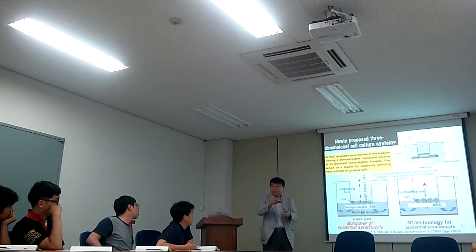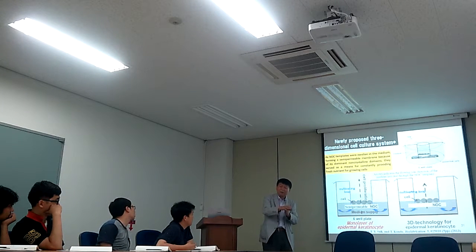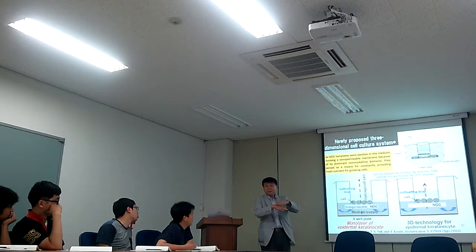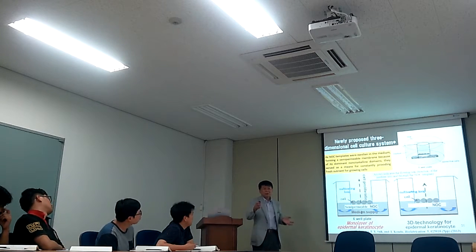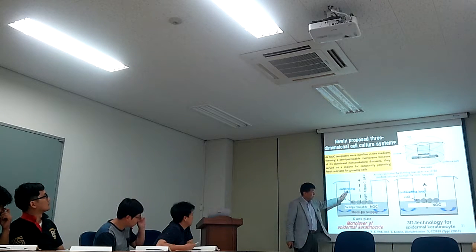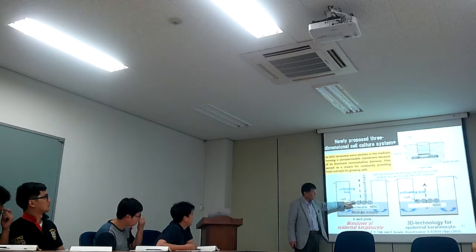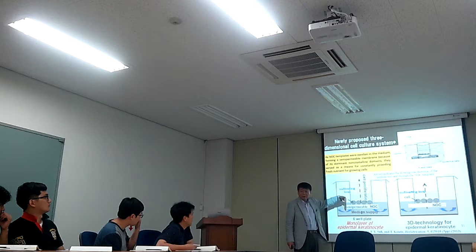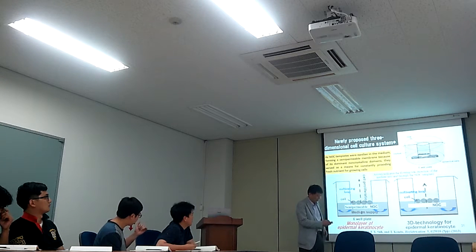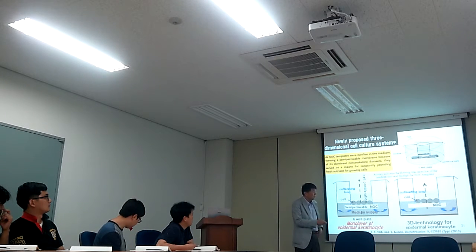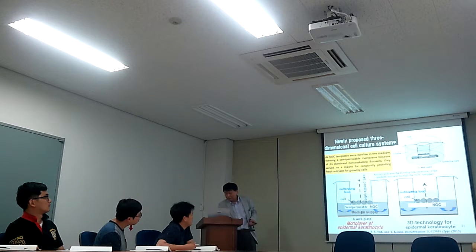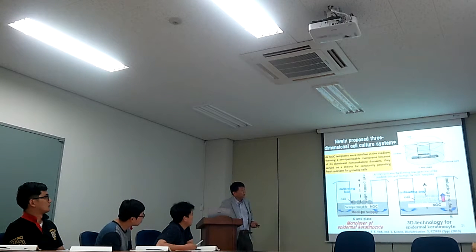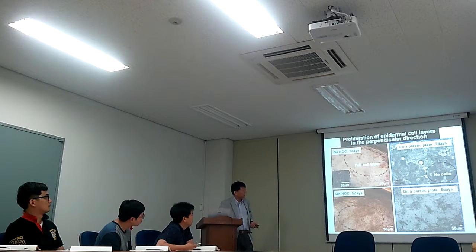Normally, we think that the division is from inside to outside, but the skin's case is different. So the division direction was different. That's why we use this kind of system to control the cell division direction. Then we culture like this, so we could have a three-dimensional layer. So that's successful.